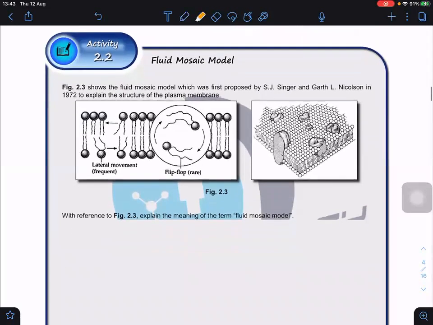What is the main thing that allows molecules to pass through the phospholipid bilayer by diffusion? It is because of the fluid mosaic model. Fluid mosaic basically means that these membranes are not rigid. Even though the phospholipid molecules are tightly packed, they are not stagnant or non-motile.